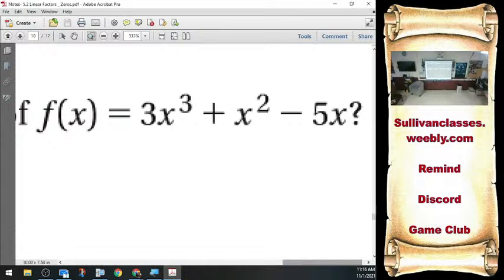Remember, out to the 1,000th place value. Sometimes these will surprise you and have a nice number. Most of the time they're going to be trash irrationals.